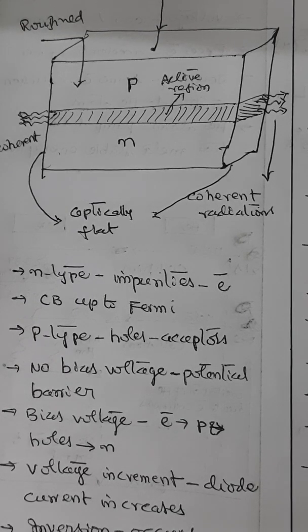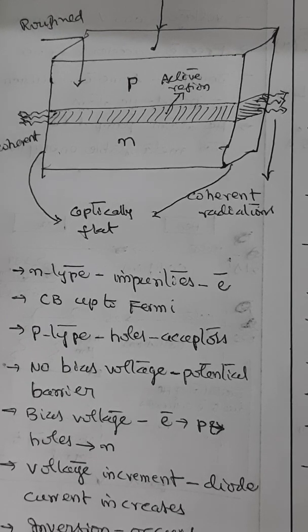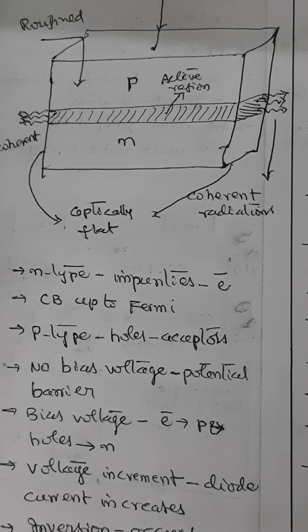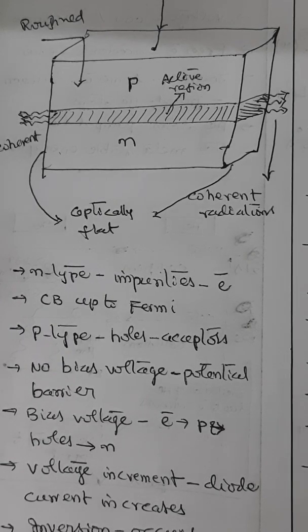But when the external voltage is applied, that is what we call forward biasing, the electrons flow to the P side and holes flow to the N side. As the applied voltage is increased, the diode current also gradually increases, and you will reach a point where significant population inversion exists.